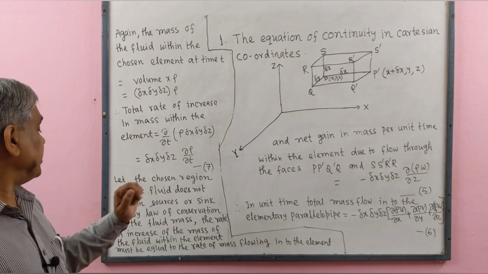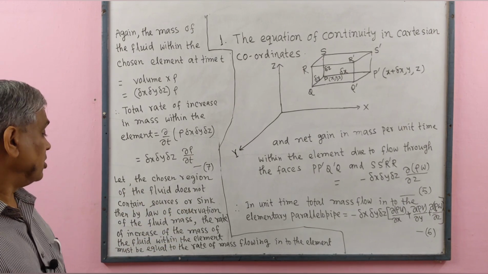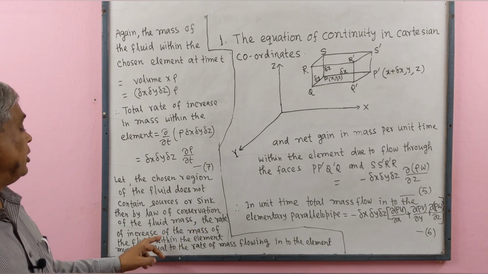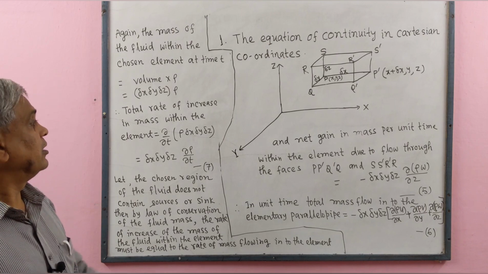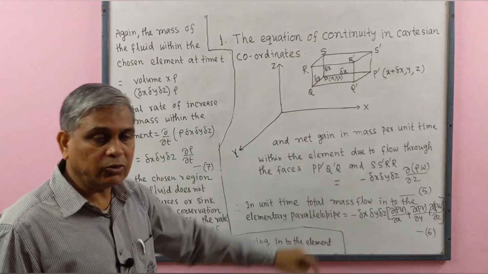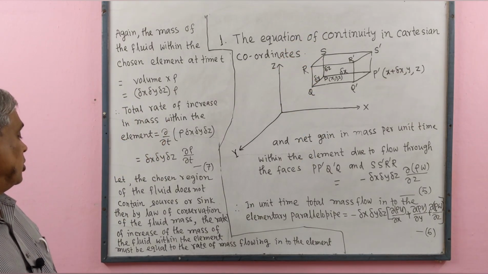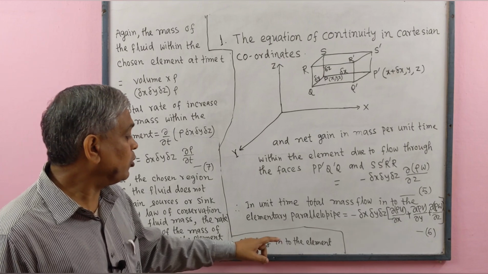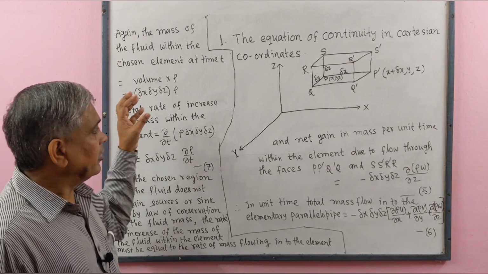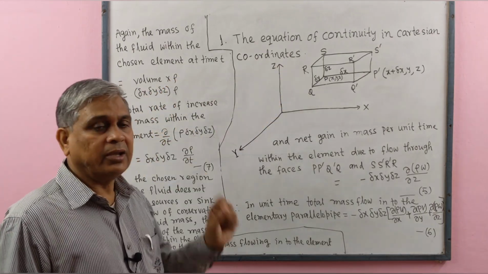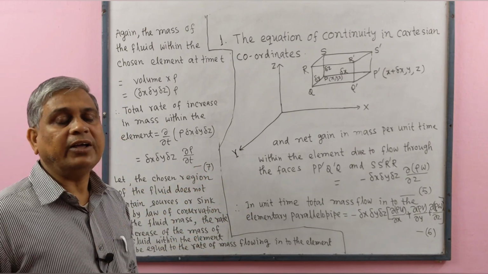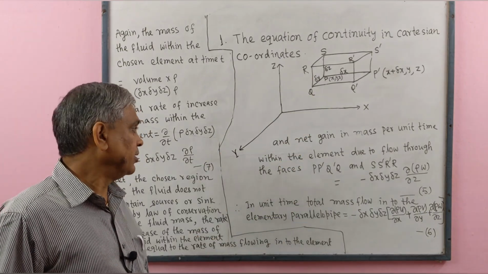Then by the law of conservation of fluid mass, the rate of increase of mass of the fluid within the element will be equal to the rate of mass coming from different sides into the parallel pipe.